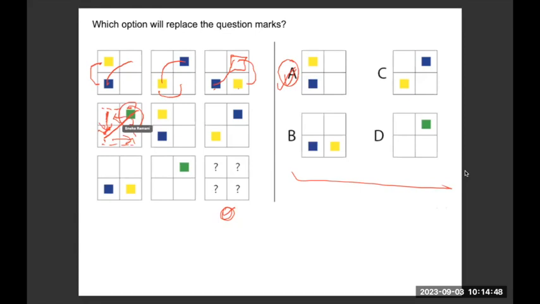So if my yellow and blue colored boxes are here in this box, then in the next option, the blue colored box will come here, and the yellow colored box will come here. This kind of option is only there in one case, which is option A. Hence, option A will be the correct answer here.